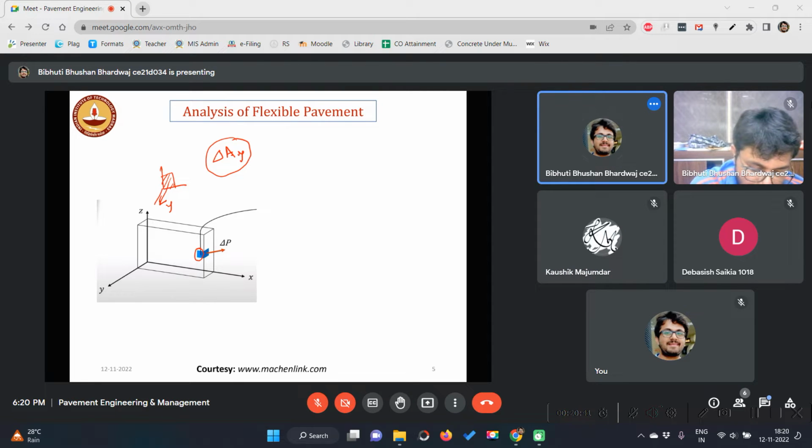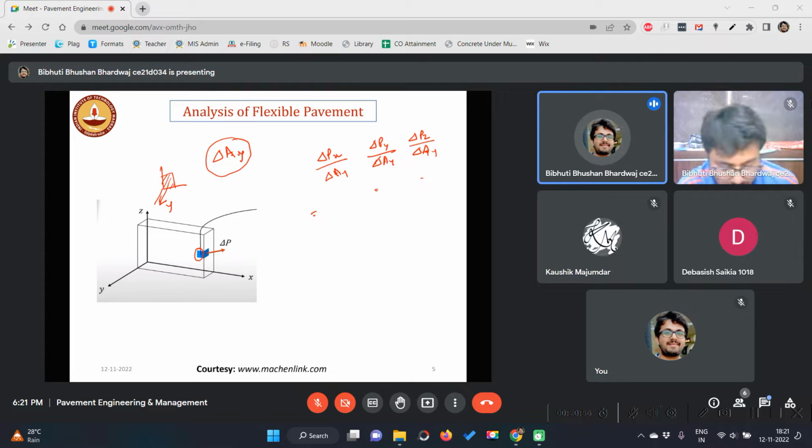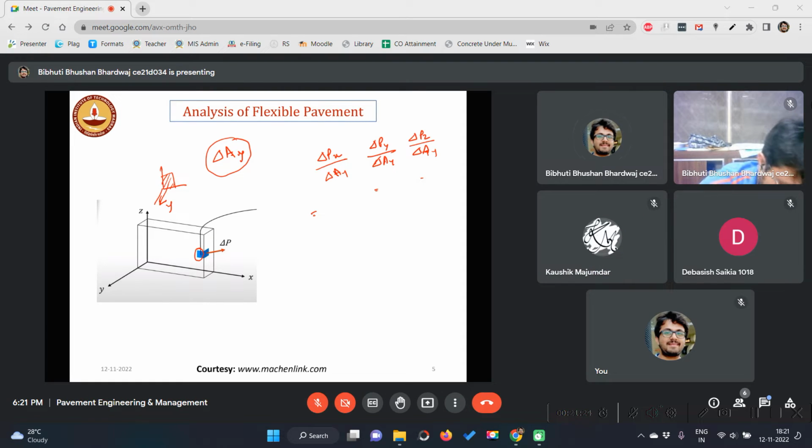And that will be again delta Px, delta Py, delta Pz. We have to simply divide everything by delta Ay. Now you have to just tell me which one is shear, which one is normal. Think and tell. Don't make a mistake. Delta Px by Ay. Sigma xy.